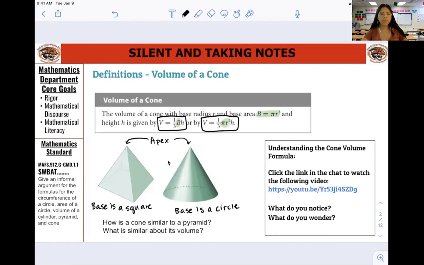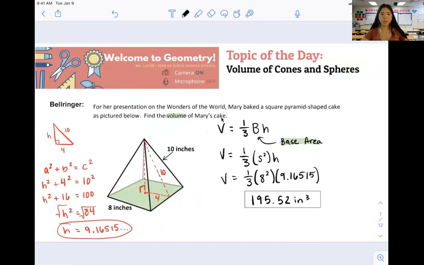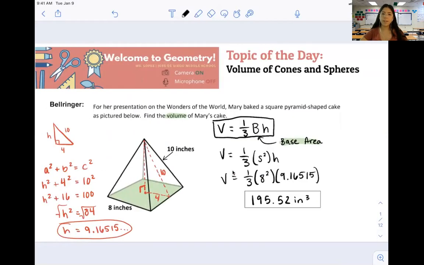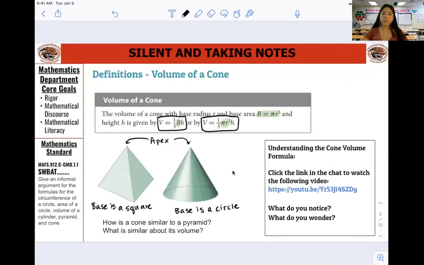Cool. And now let's talk about the volume formula. So we talked about the volume of a pyramid over here, and how is that similar to the volume of a cone? Volume of a pyramid over here, volume of a cone over here.